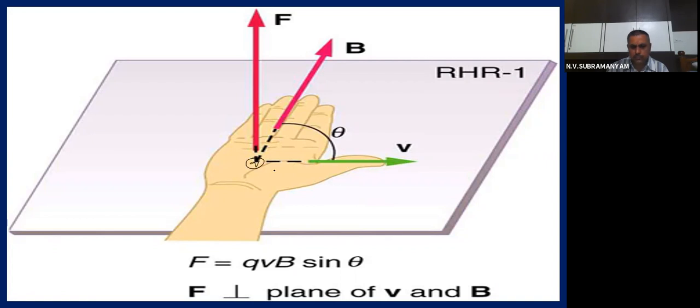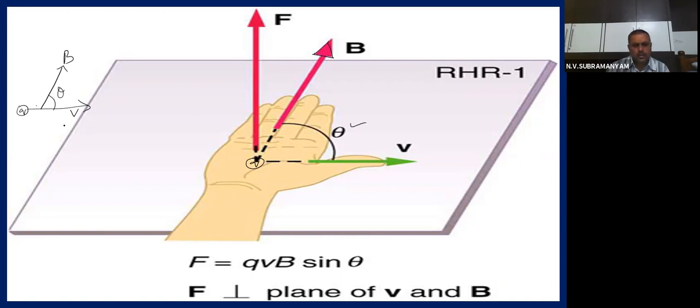Q, children. It is entering a magnetic field. The magnetic field is uniform and it is in this direction. So the magnetic field is like this and the charged particle is entering the magnetic field like this with velocity v, such that the angle between both of them is how much? Theta.